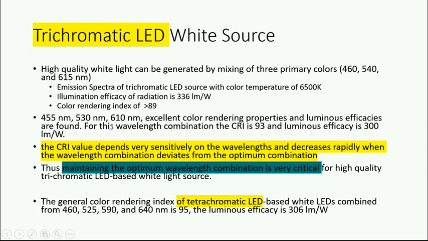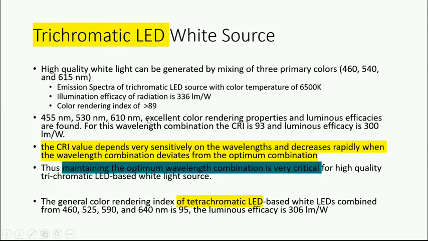So two optimum combinations I have shown here. This is one optimum combination, and one combination is here. You can do some simulation work: take these wavelengths in the simulation and see the output wavelength and output white color intensity.